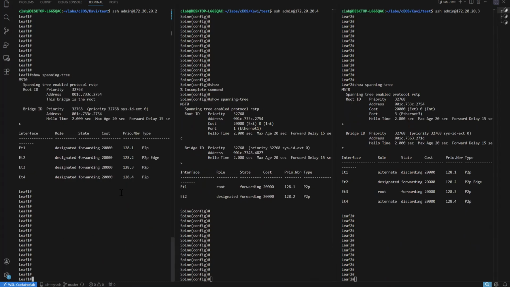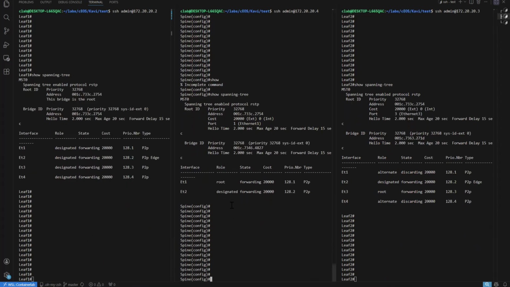Now I'm going to make the spine the root bridge by configuring the priority. I can configure a lower priority than the other switches. Right now, all the switches have the same priority, which is 32768. If I want to make the spine the root bridge, I have to configure a priority lower than 32768.